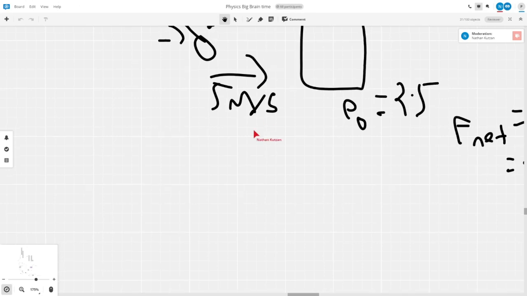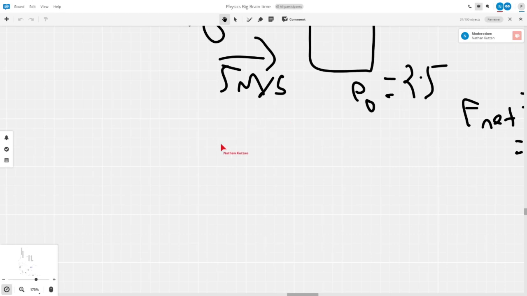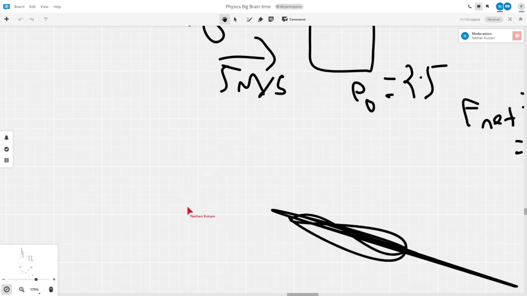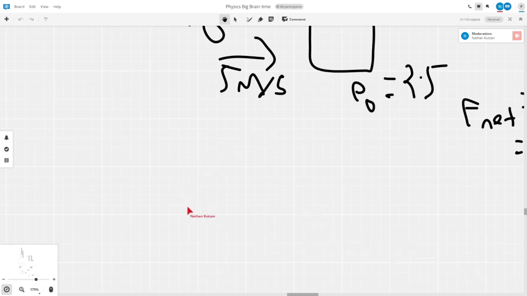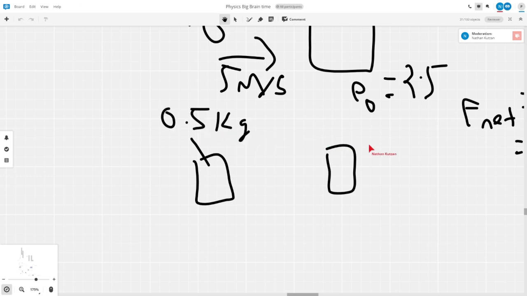what we could say is we have two objects, let's say we have two objects here and here. And the mass of this one is going to be 0.5 kilograms. I'm going to just write 1 and 2 over here.